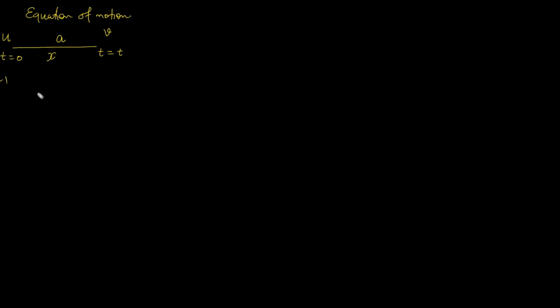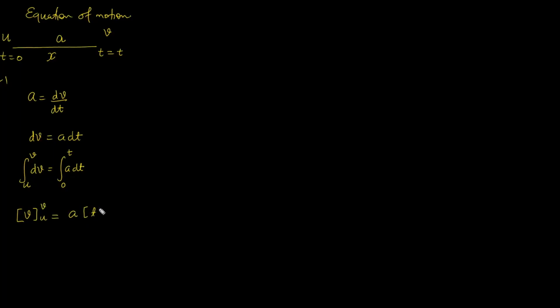First one. We know acceleration is dv by dt. So dv will be a dt. Integrating both the sides with proper limits. When time is 0, initial velocity is u. When time is t, final velocity is v. Integration of dv we know is v. a is a constant.